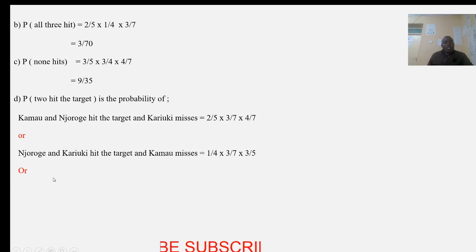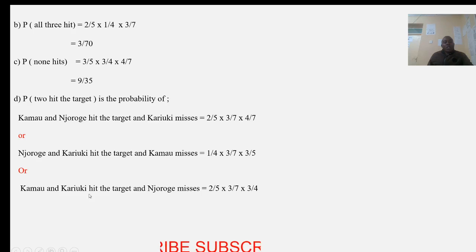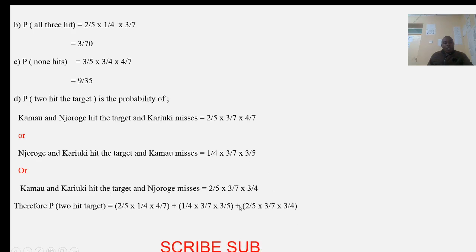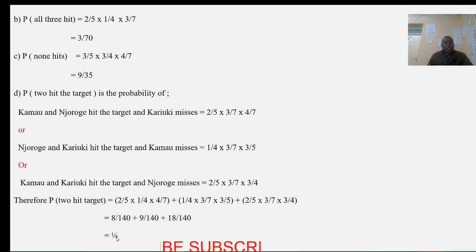Or it can be Kamau and Karaoke hit the target and Njoroge misses, which is that one. Now whatever you get, you add all of them, which finally gives you a quarter.